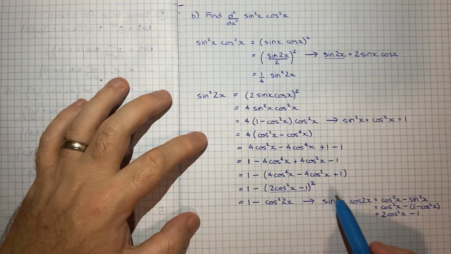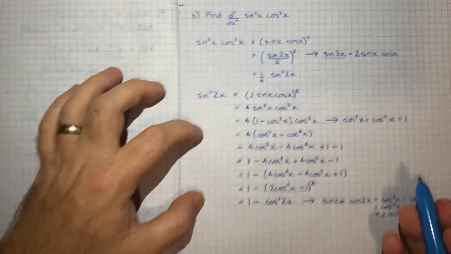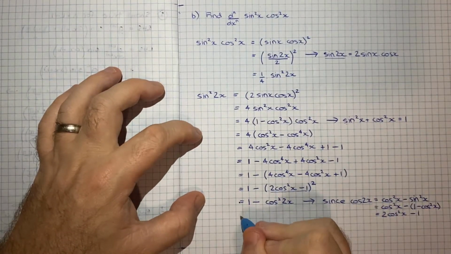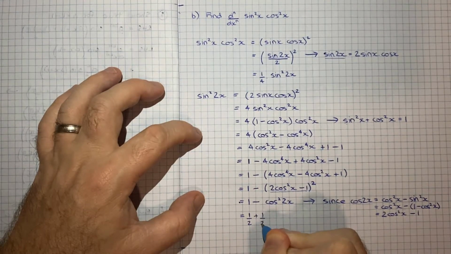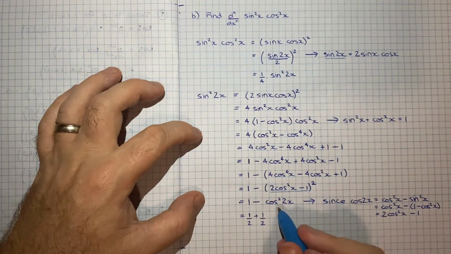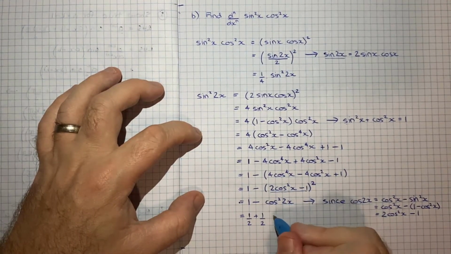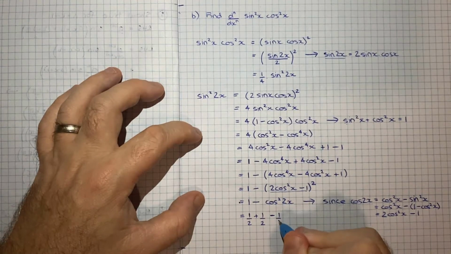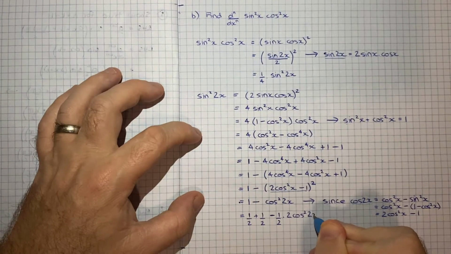Alright, now what I'm going to do, this probably wouldn't leap out at you as being obvious, but I'm going to write this 1 as a half plus a half, which adds up to 1. And I'm also going to write this minus cos squared 2x as minus a half times 2 cos squared 2x.